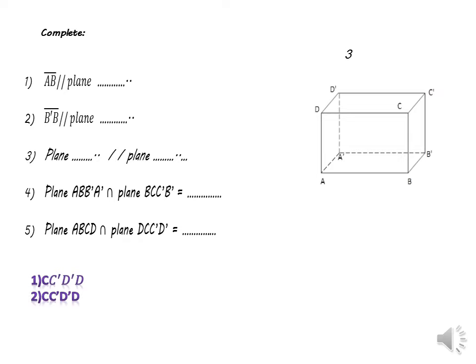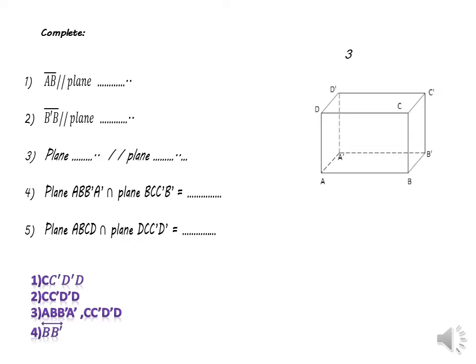We have more than two parallel planes. Maybe AA'BB' and AA'B'B parallel to DD'C'C, or take another two parallel planes like plane ADD'A'. Plane ABB'A' intersect plane BCC'B' will intersect, of course, at a line.